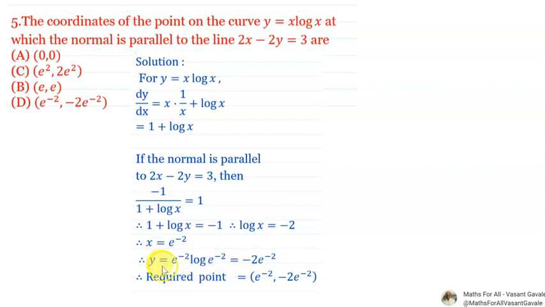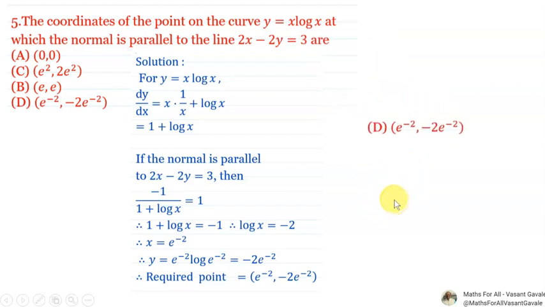Therefore you will get here y is equals to -2 e raised to -2. This is the value of y. Okay. And what about the value of x? Value of x is equals to e raised to -2 and value of y is -2 e raised to -2. And hence the option D is correct here.